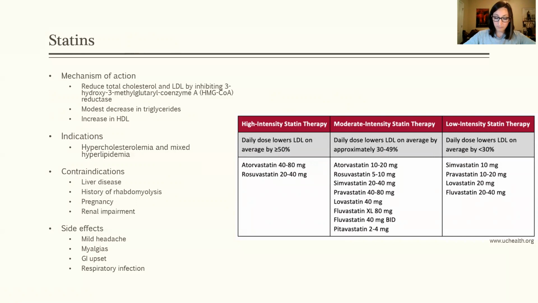And based on the impact on LDL, I've listed them in order from greatest to least. Rosuvastatin has the greatest impact, then atorvastatin, simvastatin, lovastatin, pravastatin, and fluvastatin.